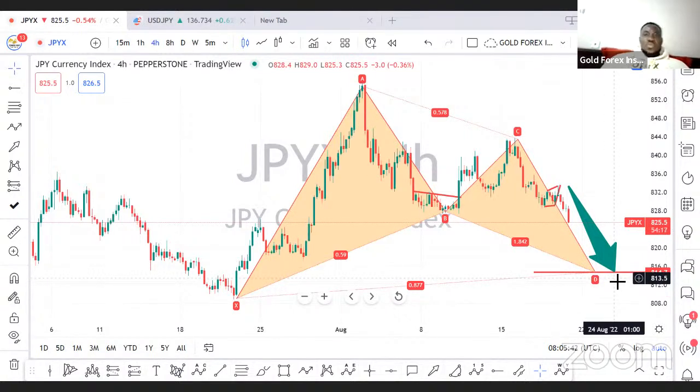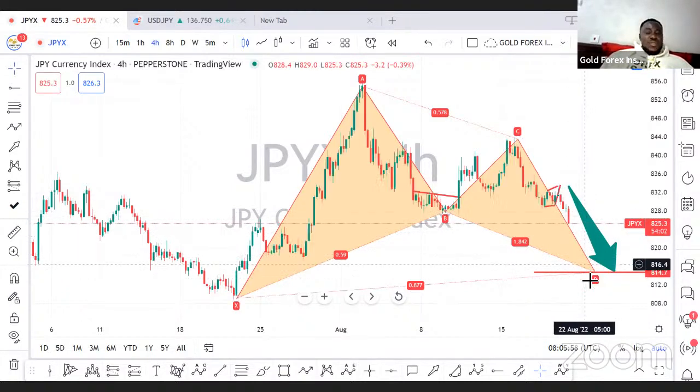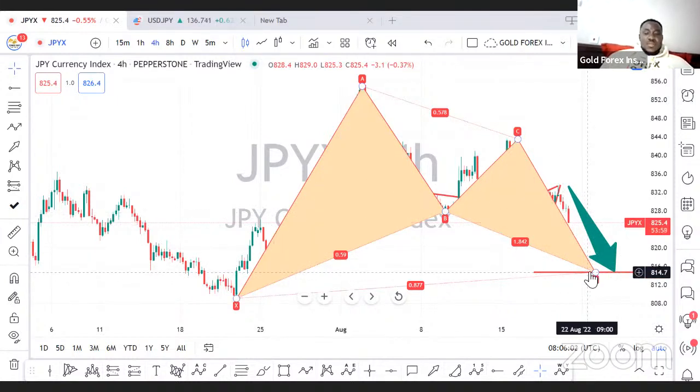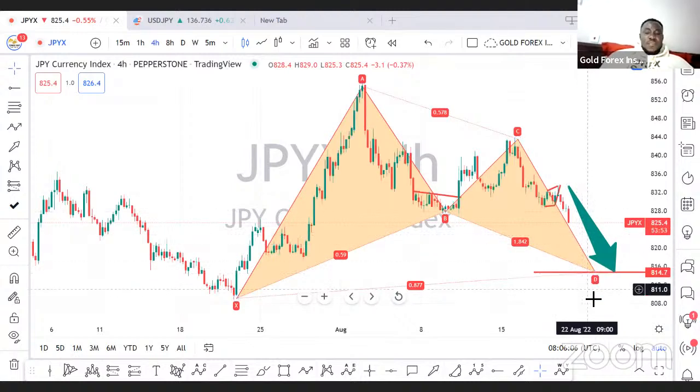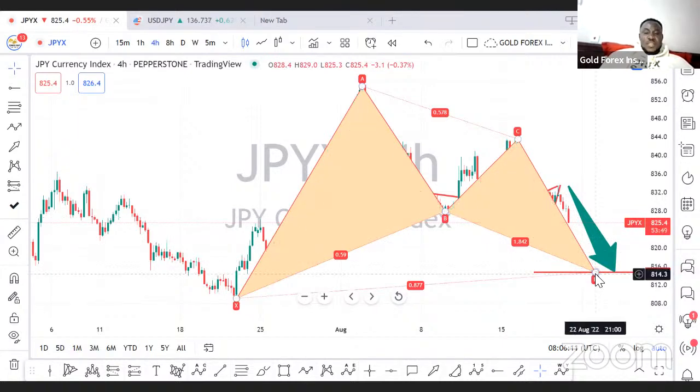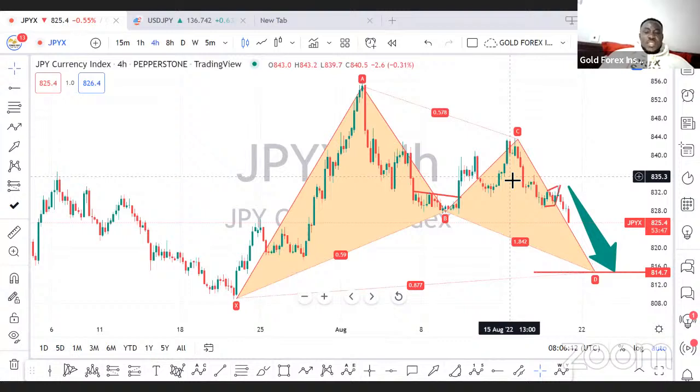So don't sell anything XXXJPY, because the yen is very, very weak. It's selling all the way to 814.7. This is the gauge.